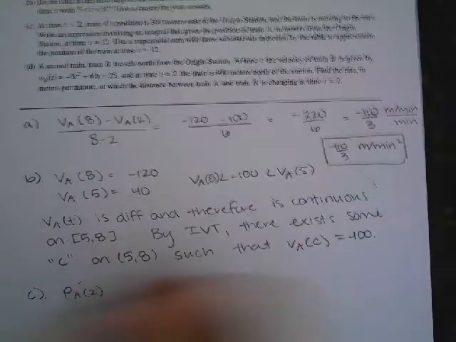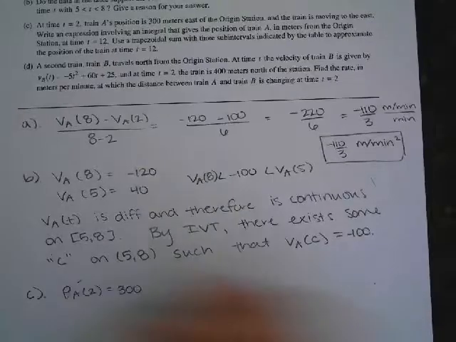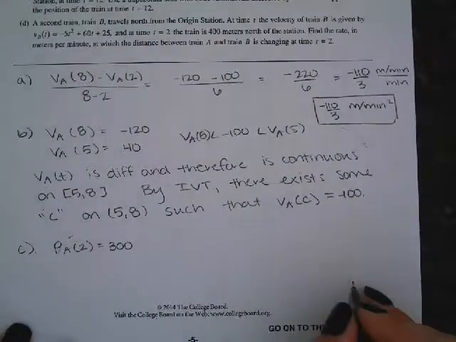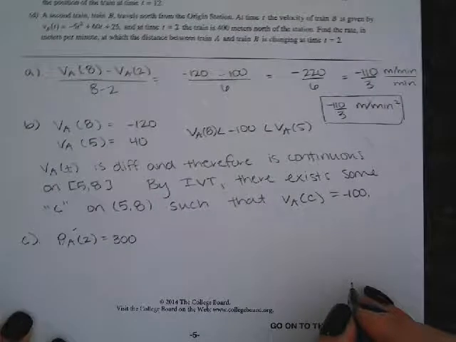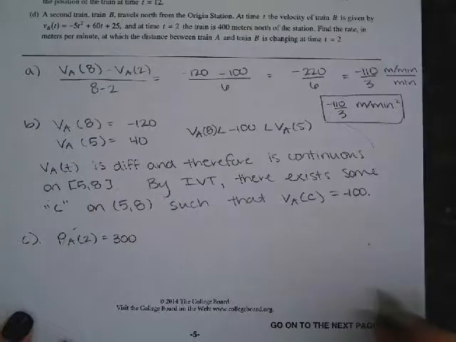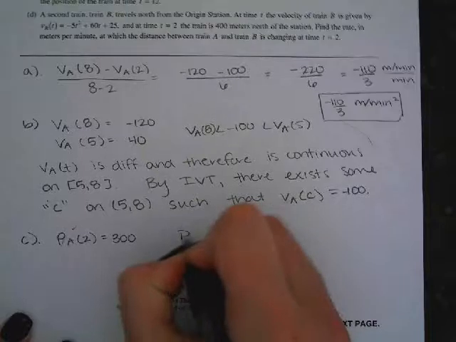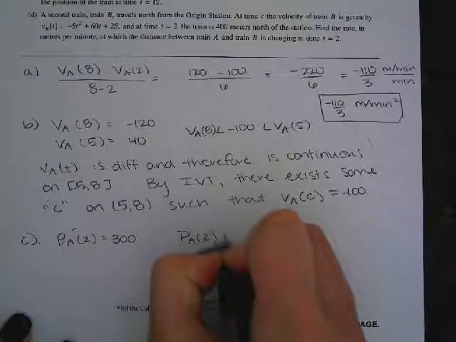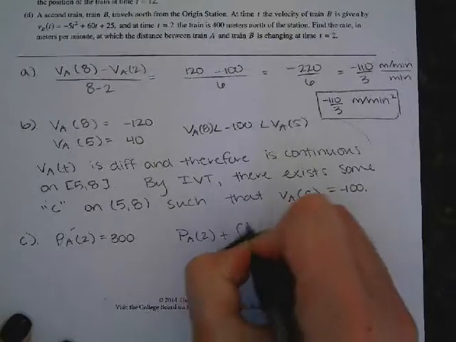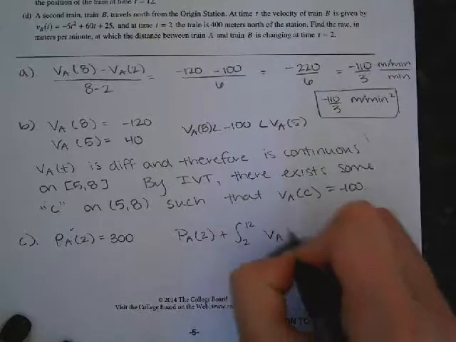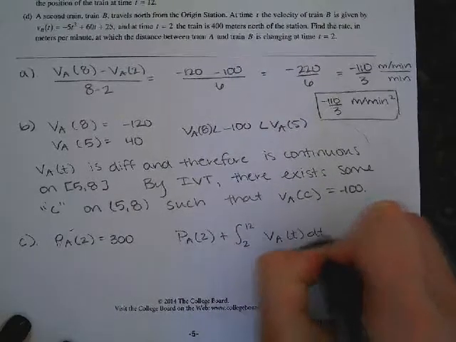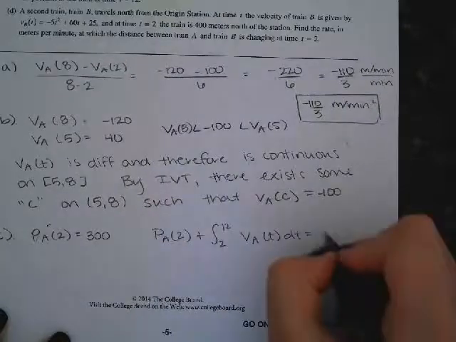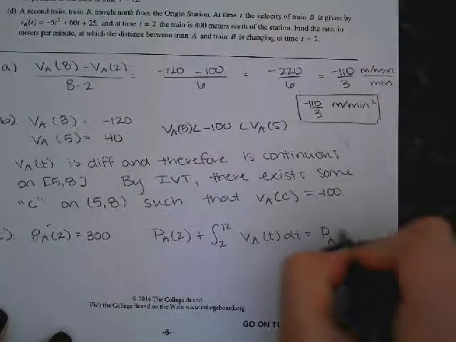The position at 2 is 300 meters east, and they want me to figure out the position at t equals 12. So the position at 2 plus the integral from 2 to 12 is what would give me the position at 12.